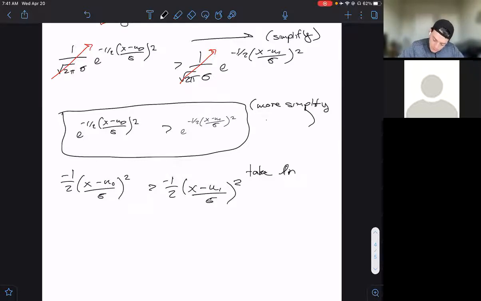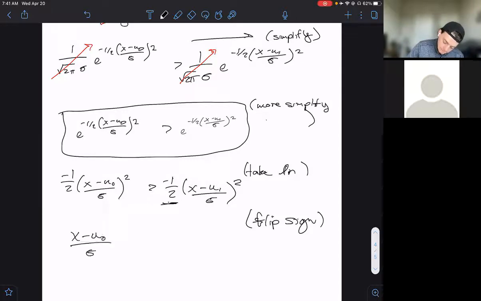Take the natural log, and then we're going to flip the sign because we're dividing by a negative, and so this becomes x mu1, and this sign had flipped because we have gotten rid of the negative up front.